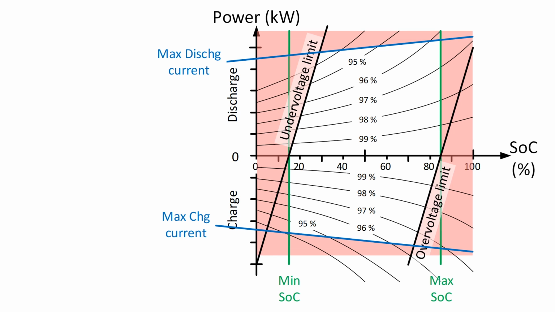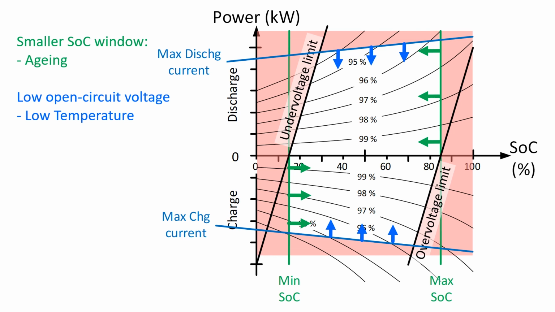If the requirement shall be met also when the battery is aged, too cold or too hot, we need to limit the usable operating region further. Some examples of factors reducing the operating region are: the usable state of charge may be reduced as an effect of aging. The open circuit voltage may be reduced at low temperature, which reduces the peak power.